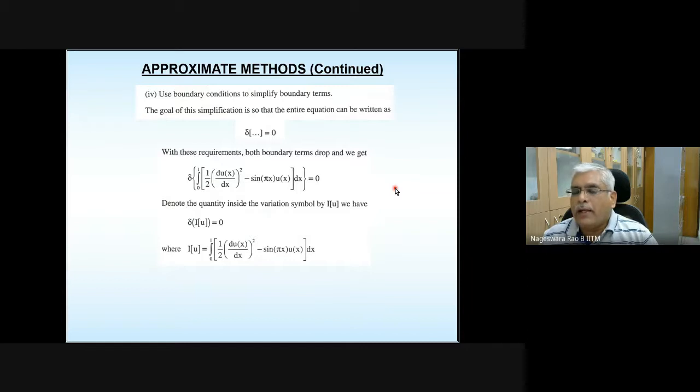Okay, and then the problem with this kind of variational method is not all problems you will be able to bring into this form, but you can solve those kind of problems using weighted residual methods.